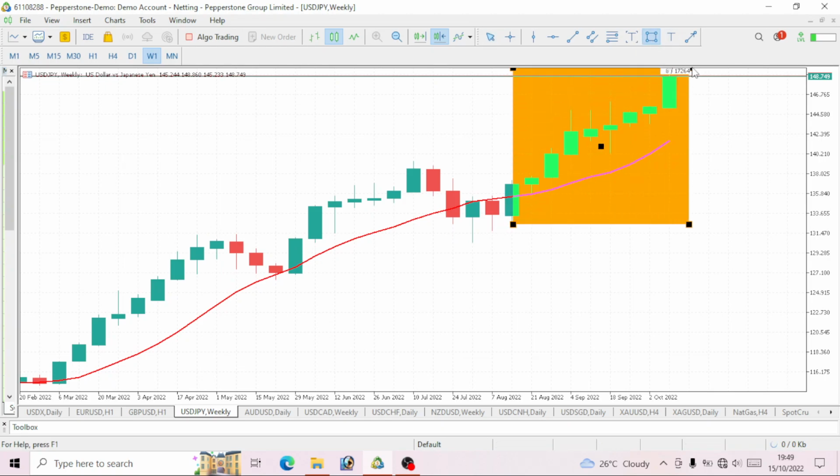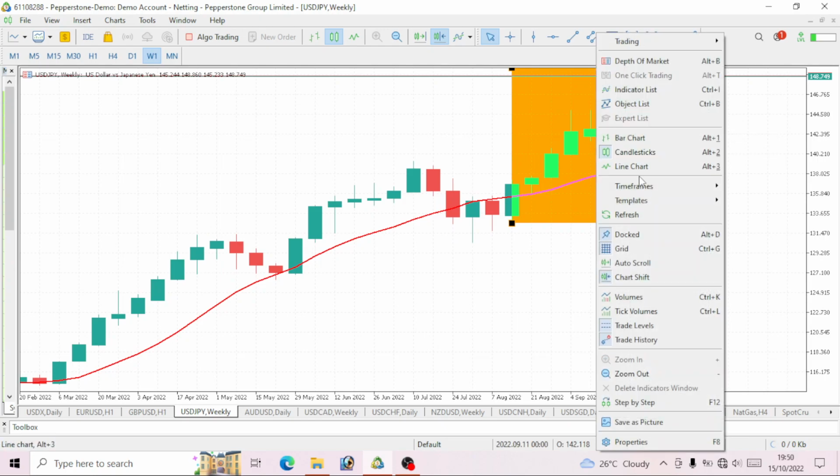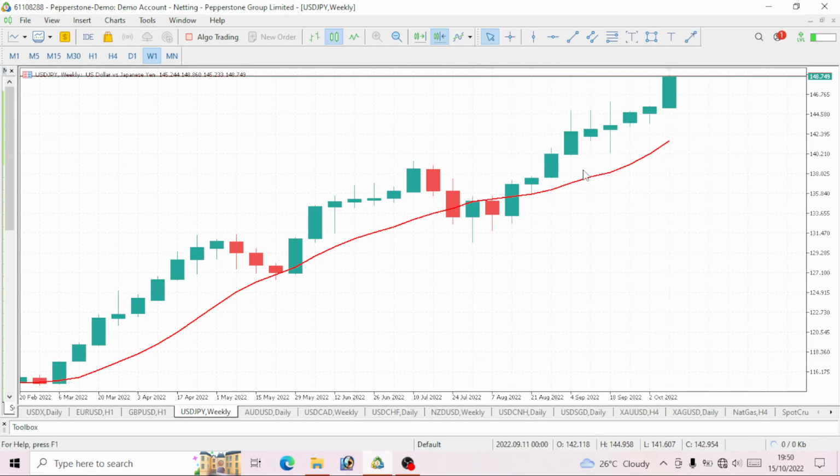So price has been opening and closing bullish, and price is still above the 10-period moving average. It has not broken the moving average. It is still above it. So we still have to go long, unless the price breaks below it. Then maybe we can consider changing the direction of the movement. But as long as it is still above it, we have to still trade with it, thereby going long.